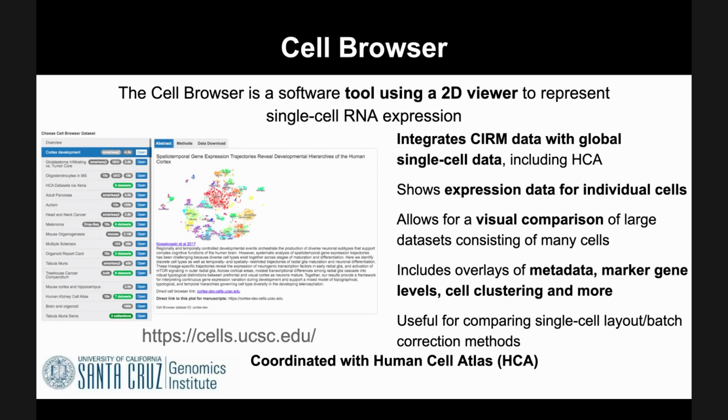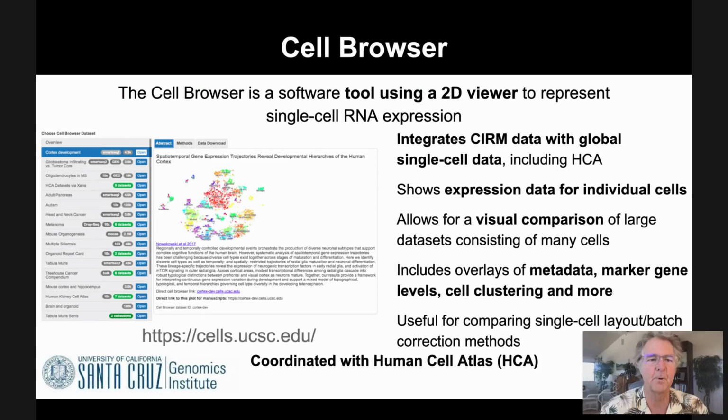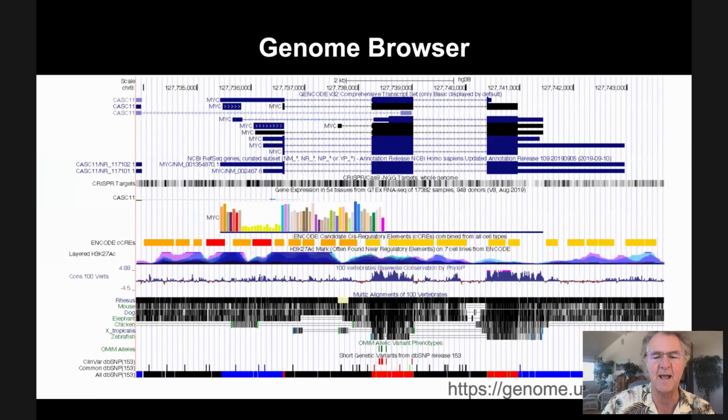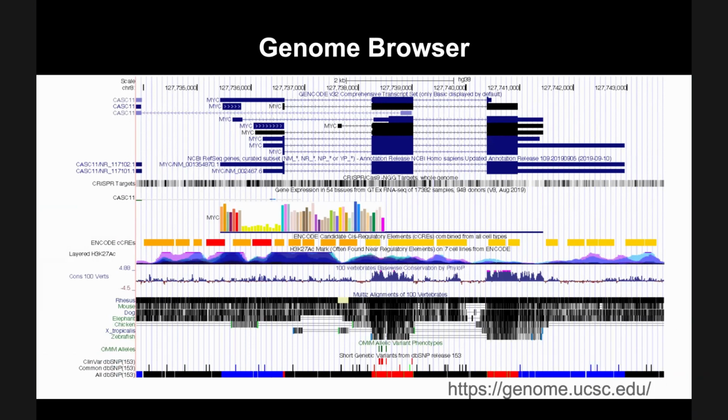Nevertheless, while the data are still pre-publication, we have cell browsers that look at the RNA expression pattern from single cell data sets. We have the Genome Browser, which looks at a number of data sets and is used by about 10,000 different human genetics researchers every day.